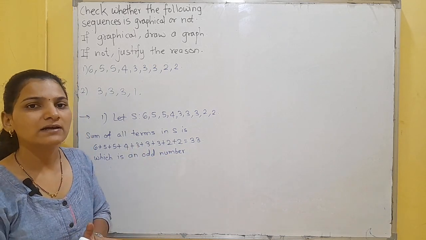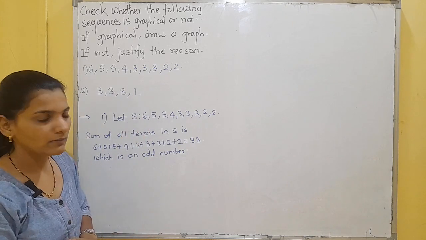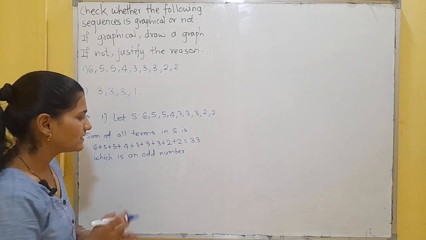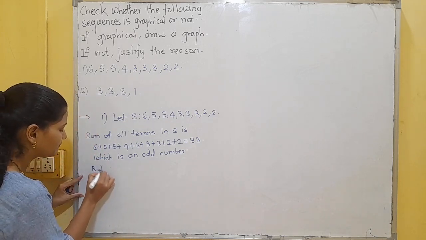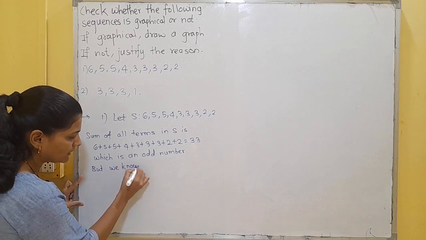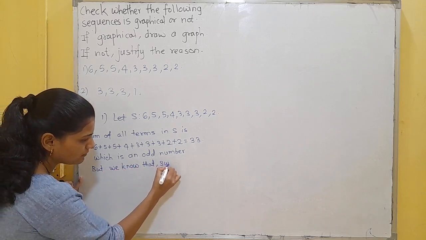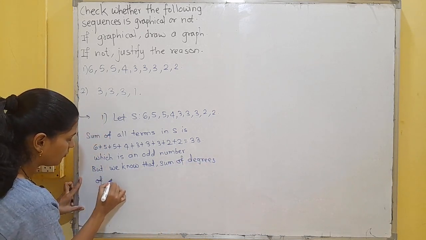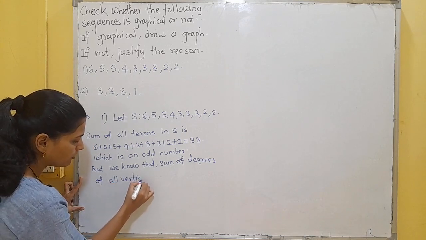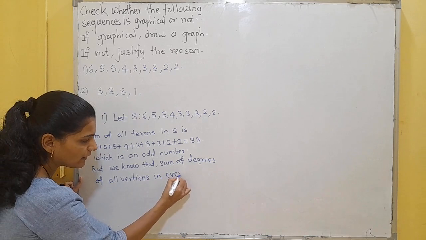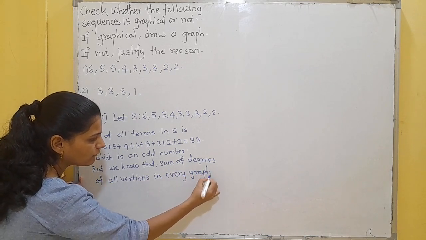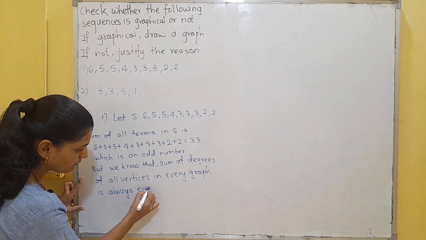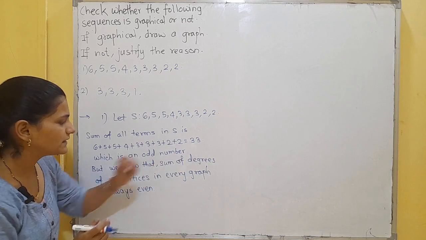So we can immediately conclude that this sequence is not graphical, because we know that the sum of degrees of all vertices in every graph is always even, and this number 33 is an odd number.